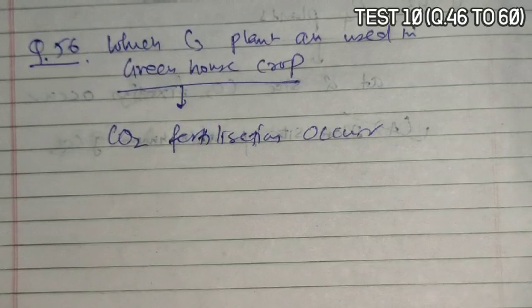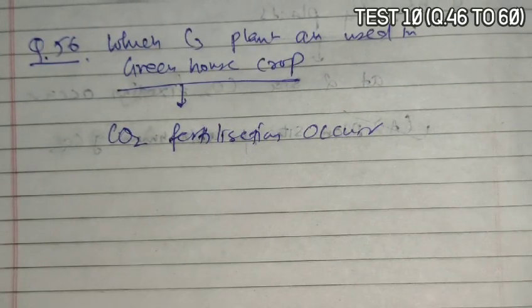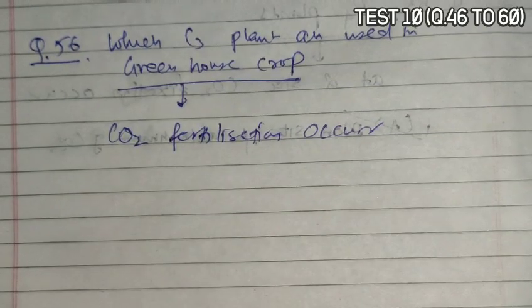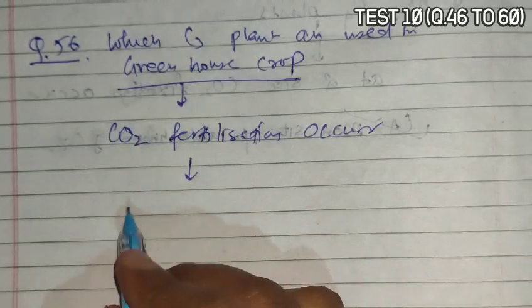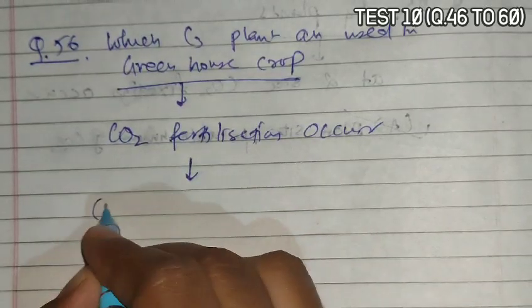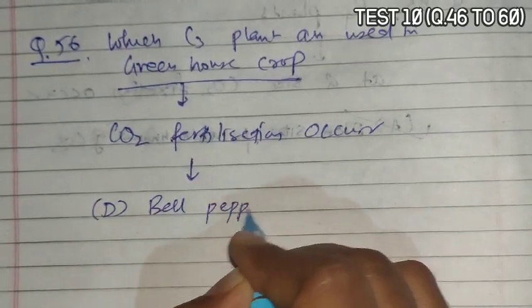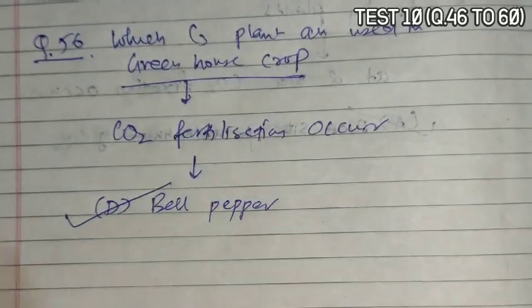Why? Because when C3 plants are grown under greenhouse conditions, the CO2 concentration increases to greater than 450 microliter per liter, and C3 plants reach their maximum photosynthetic rate. So option D, bell pepper, becomes the correct answer.